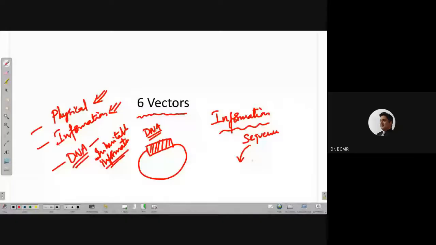That inheritable information is because of base pairing. So information here for us would mean the sequence. Sequence has properties. Different sequences have different properties, and different sequences of amino acids in a protein also have different properties.